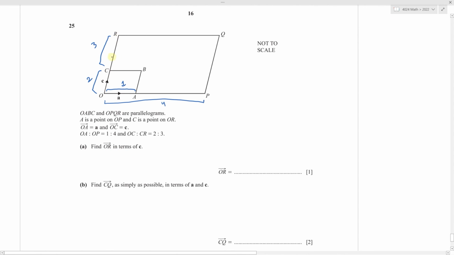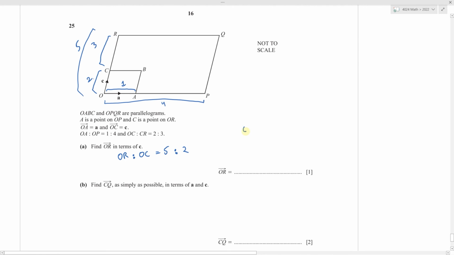OR in terms of C. If you look at this ratio, this is 2 parts, this is 3 parts. This full vector OR will be 5 parts, 3 plus 2. So if I look at the ratio OR to OC, OR is 5, OC is 2.